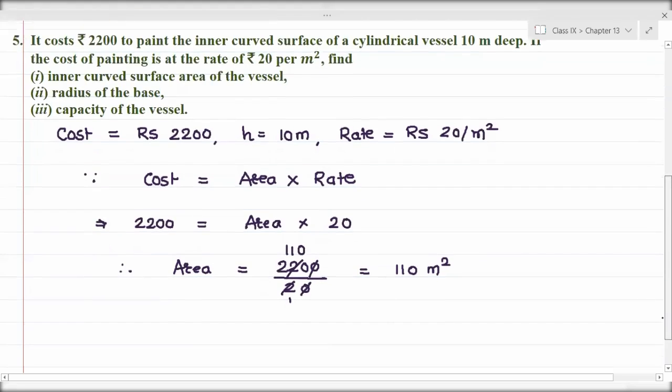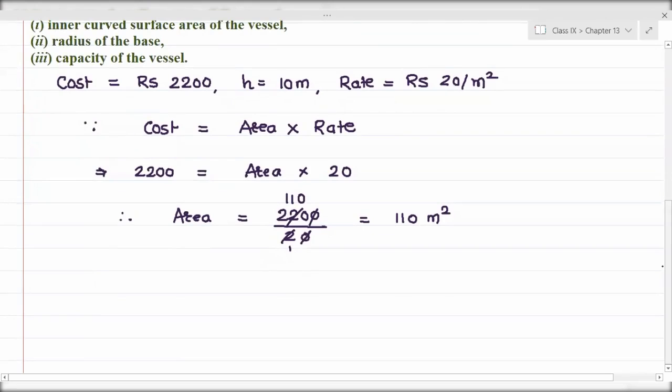See, the cost is given for painting the inner curved surface area. So whatever the area is coming here, that is our inner curved surface area only. So we can say that inner CSA will be equal to 110 meter square. This will be answer number 1.